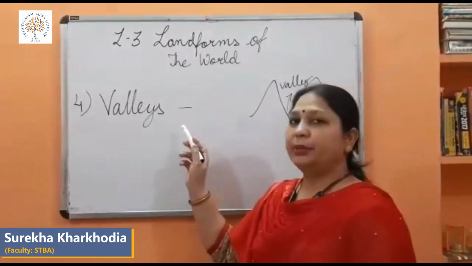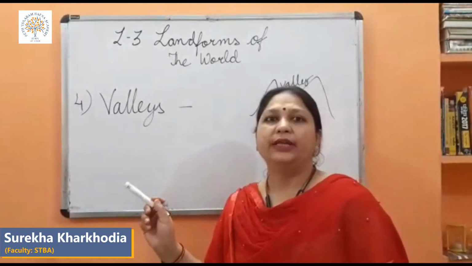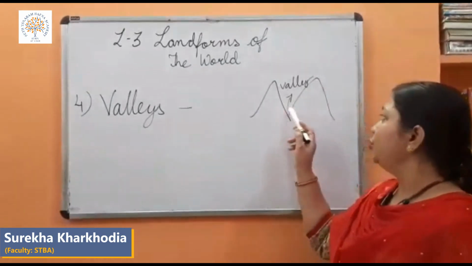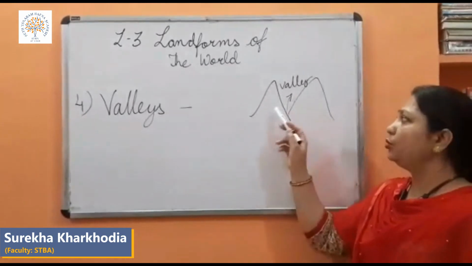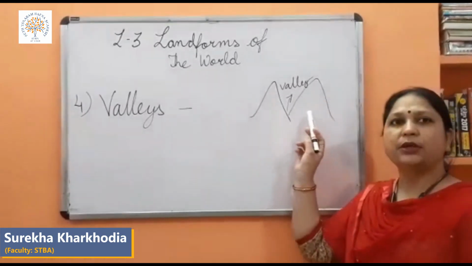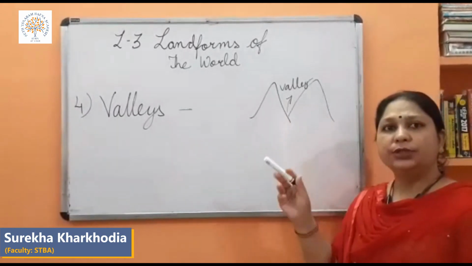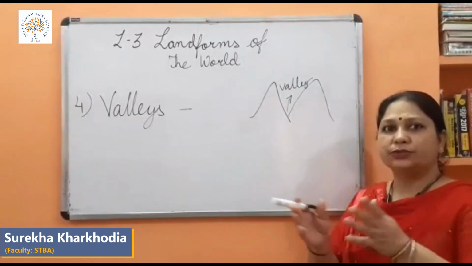Now, after passes, our next topic is valleys. A valley is a low-lying area between two mountains. You can see here, a low-lying area between two mountains is known as a valley. A valley can be carved or broadened. Broadened means wide.